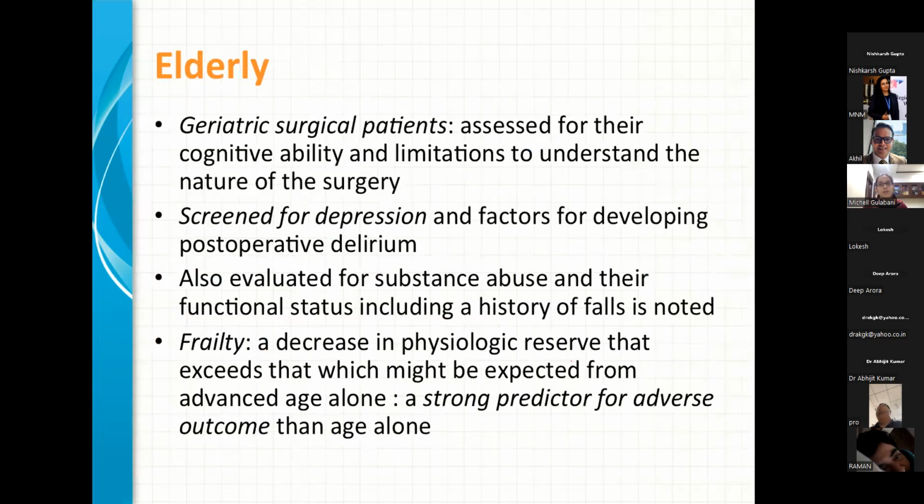Now, elderly patients often present to us these days, and they should be assessed for their cognitive ability and limitations to understand the nature of surgery. They need to be screened for depression and other factors of post-operative delirium. Also, they should be evaluated for substance abuse and history of falls. Frailty is a very strong predictor for adverse outcomes rather than age alone.